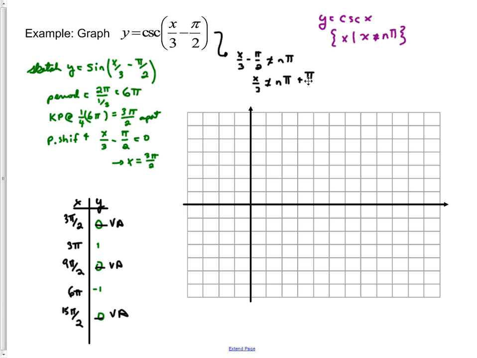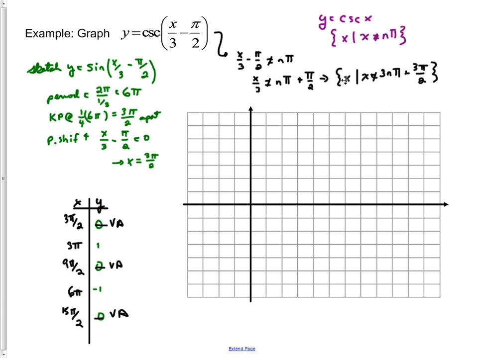And this means that our domain will be the values of all x such that x is not equal to, multiplying by 3, 3n pi plus 3 pi over 2, which seems like a horrible conglomeration to have to work with.